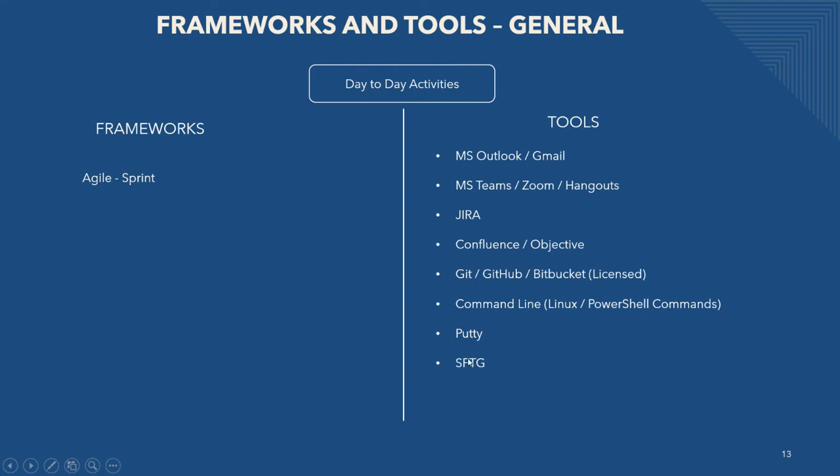So the main purpose of SFTP is that wherever you need to transfer some files, either an Excel file, Notepad, or any kind of data from one system to another server or system, you would use SFTP as a tool.